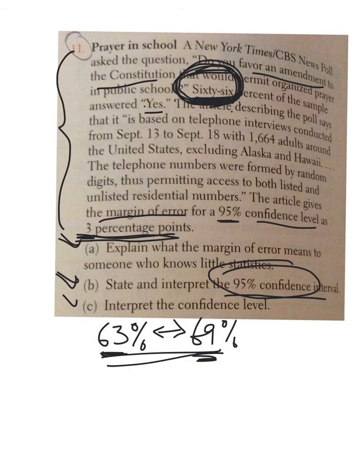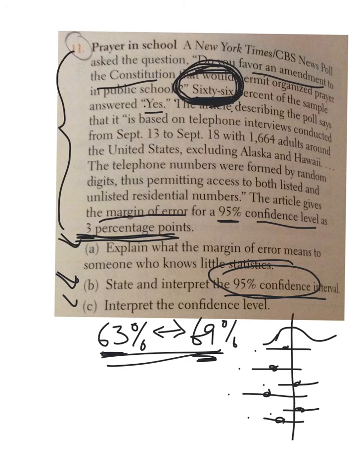But if we made many different confidence intervals like that, 95% of the confidence intervals that we would make would capture the true mean, well, actually the true proportion of people that feel that we should amend the Constitution to allow prayer in schools. Again, that's a long sentence, but we have to say it that way. But we will practice. Let's go on.